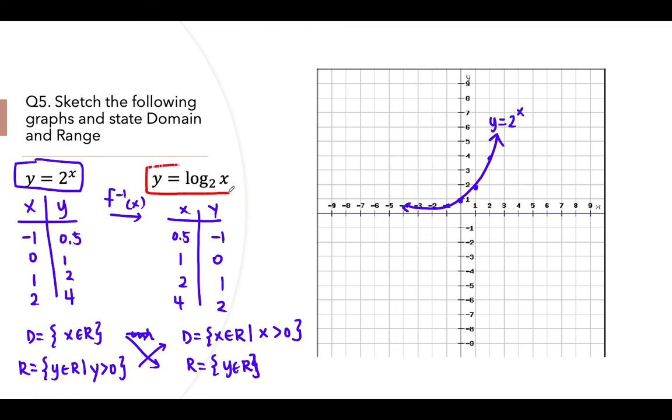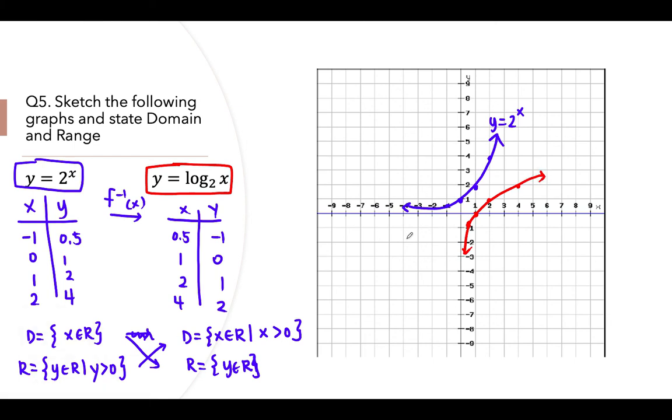I'm going to graph the logarithmic function. So let's switch the points. So 0.5 is negative 1, 1 is 0, 2, 1, and 4, 2. And the graph looks like this.